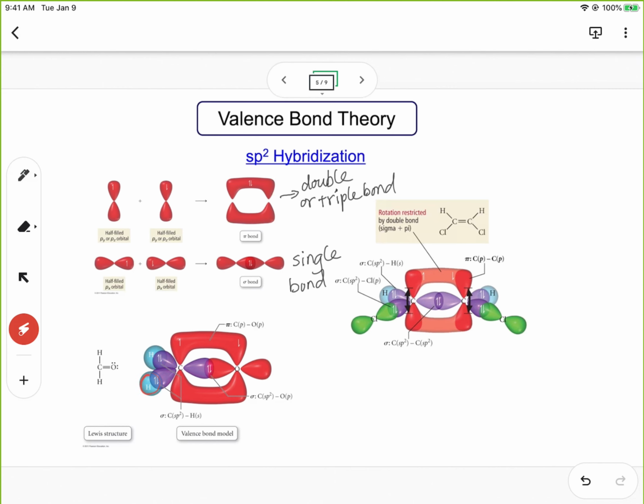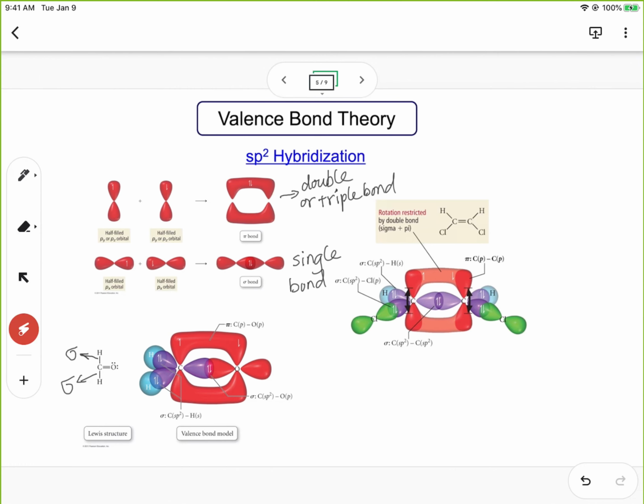This 1s orbital interacts with this sp2 hybridization orbital through head-to-head interaction. So these are sigma bonds. If you want me to label, this is going to be a sigma bond.